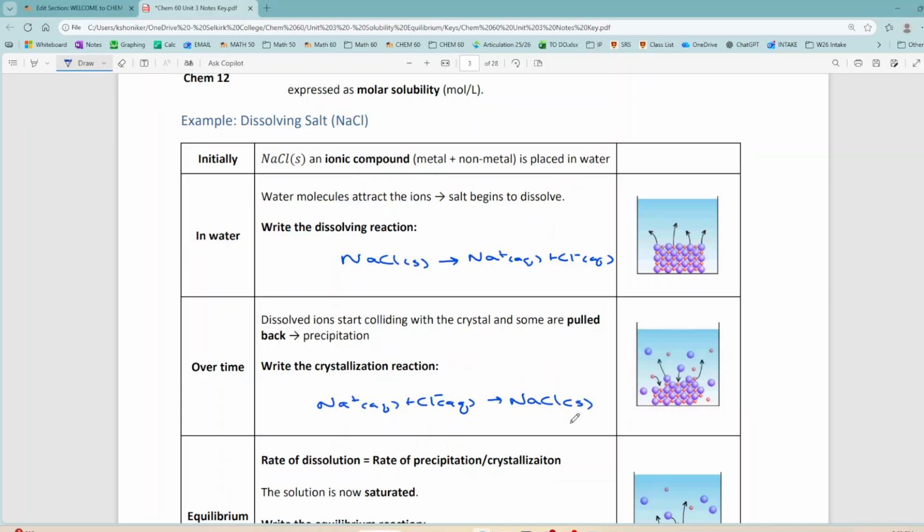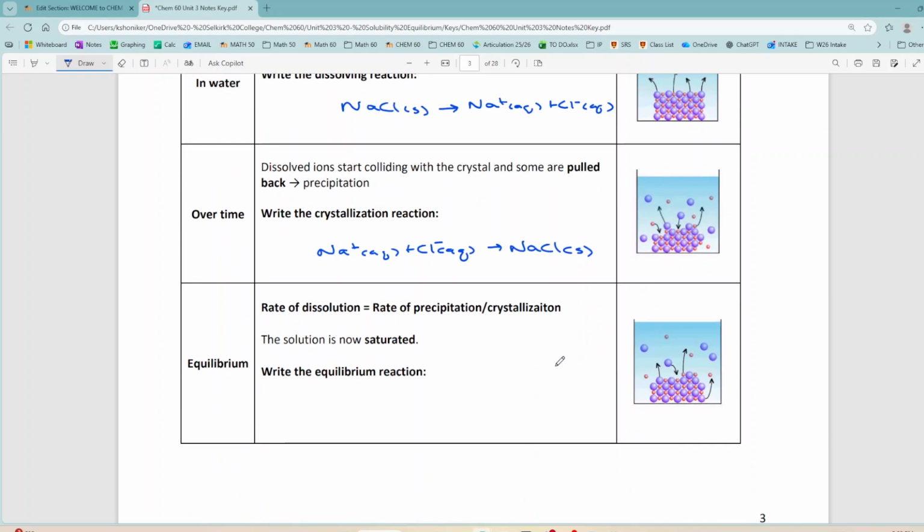And what we're going to wait for is the point that this dissolving and crystallizing or precipitation is happening at equal rates. Then we'll know that we're at dynamic, right? If we want to throw that word in, dynamic, because there is dissolution, there is precipitation, equilibrium, because as soon as your solution is saturated, you're going to have this forward and reverse reaction, which we would show with a double arrow, right?